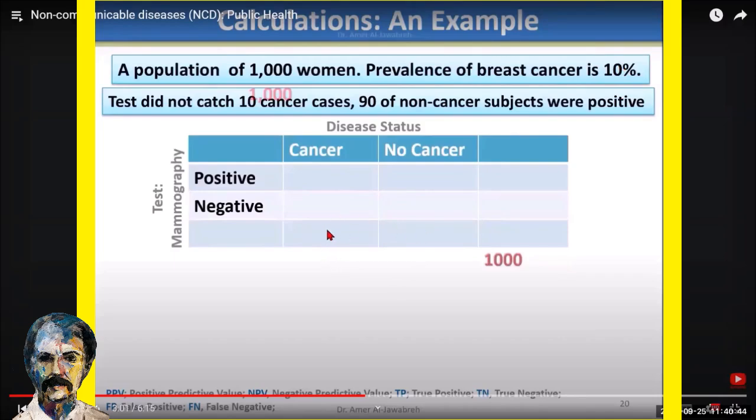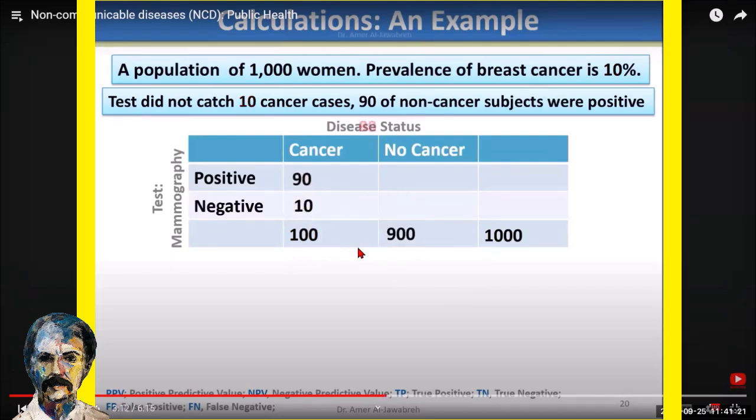Here or here? Cancer. Very good. So 1,000 and 100. How much non-cancer? 900. Easy. Then the test did not catch 10 cancer cases. They are cancer, but the test gave them negative. So the 10 should be positive or negative? Negative. So the 10 comes down here. So if this is 10, how much is this? 90. Good.